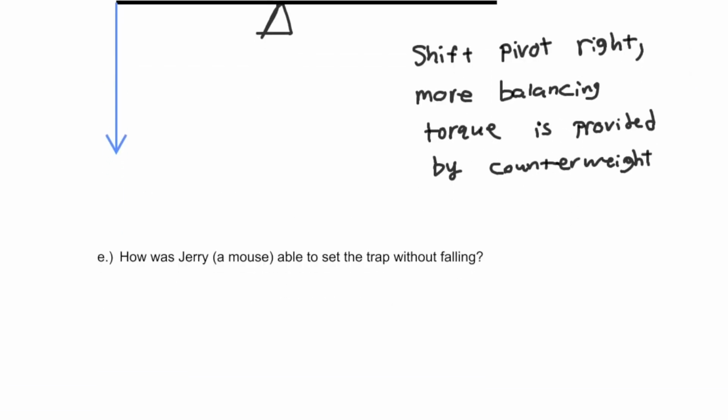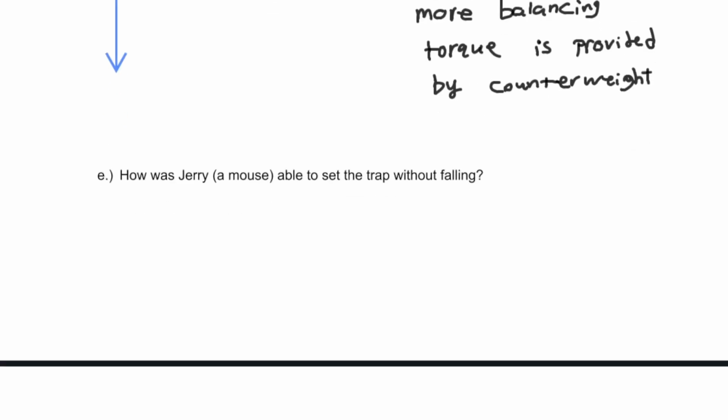And just to finish on a little lighthearted one, how was Jerry, a mouse, able to set the trap without falling? Well, Jerry is a mouse, so he has very little mass.